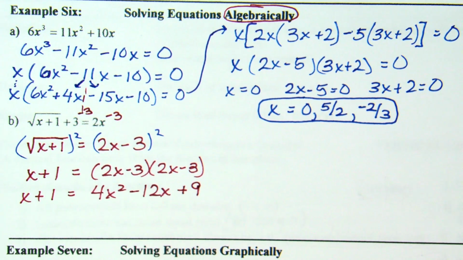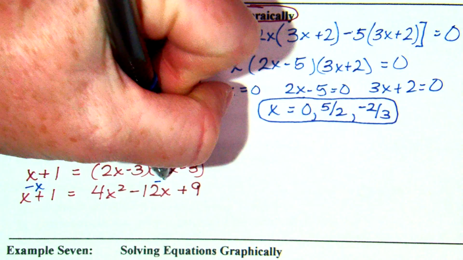Okay, thoughts on where to go with this problem next? Let's make it equal to 0 and see what happens. So, most of you guys know what I'm going to say. I'm going to keep the 4x squared as positive, aren't I? Yeah. Which means I'm going to move the x and the 1. If it's a plus x, I'm subtracting x.